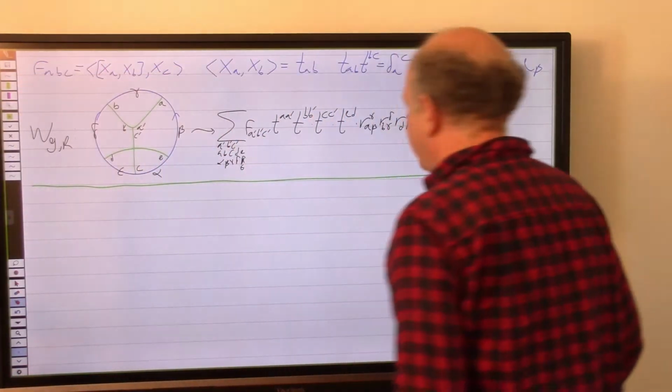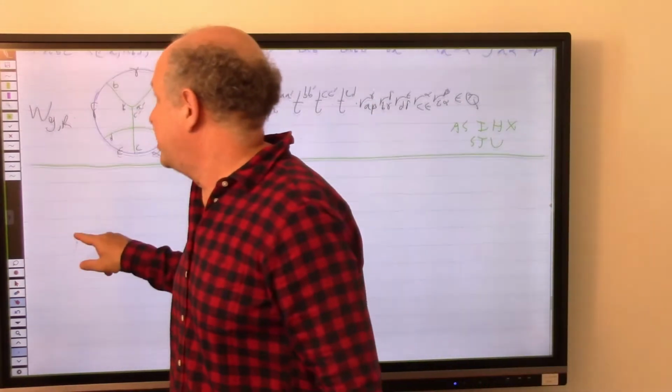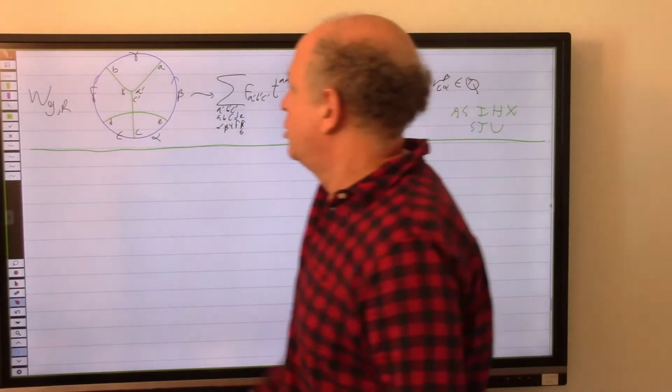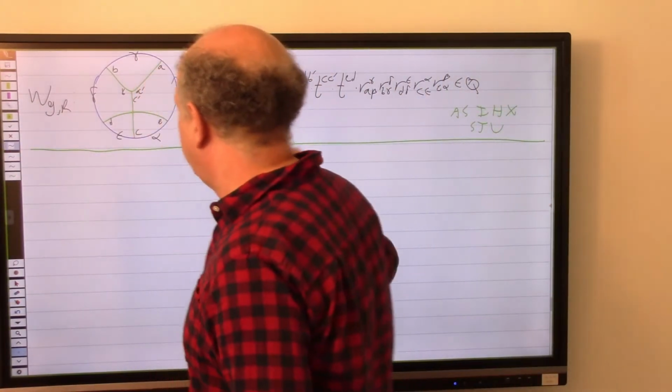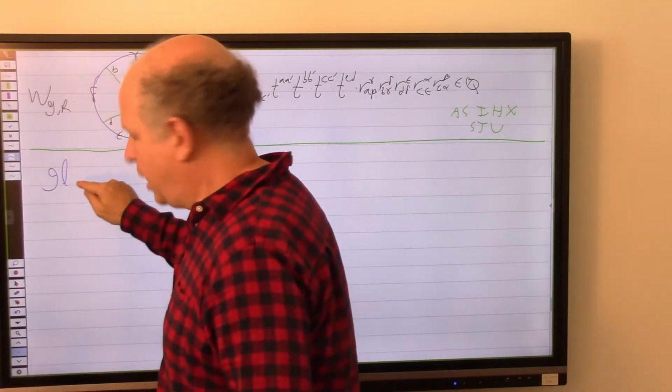So I want to show you how to compute it. And it actually comes out, as I said, a nice dance of delta functions. So I want to compute all of this for GLN.